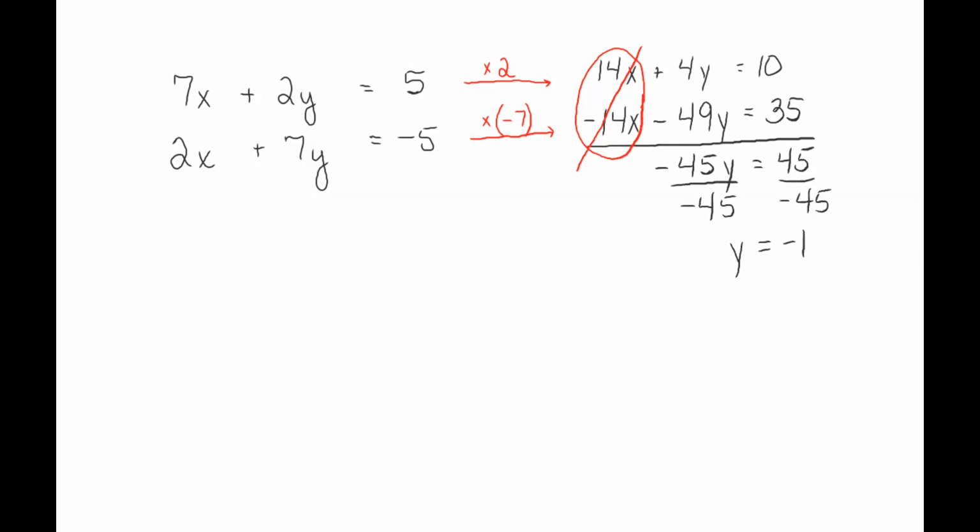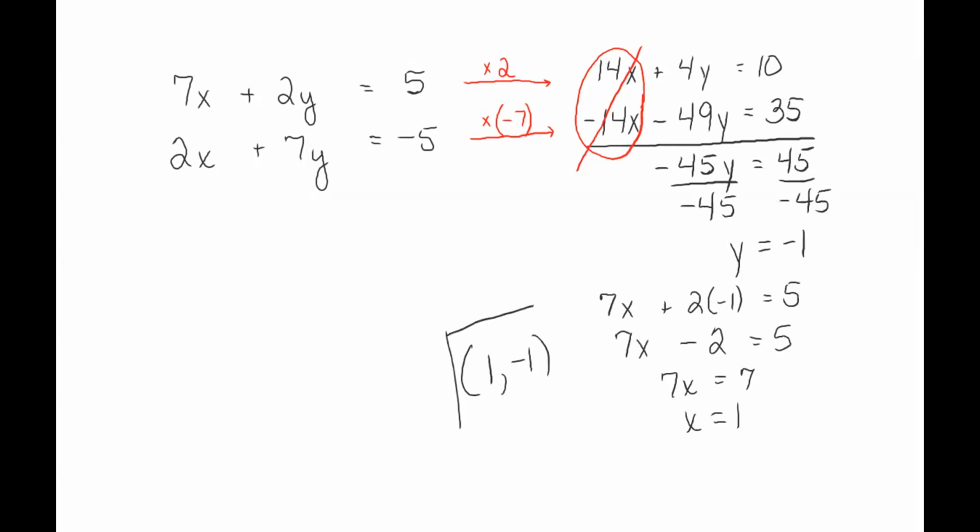And now I'm going to go back and substitute 7x plus 2 times negative 1 equals 5. So 7x minus 2 equals 5. 7x is 7 and x is 1. And you are right, 1, negative 1 was the solution.